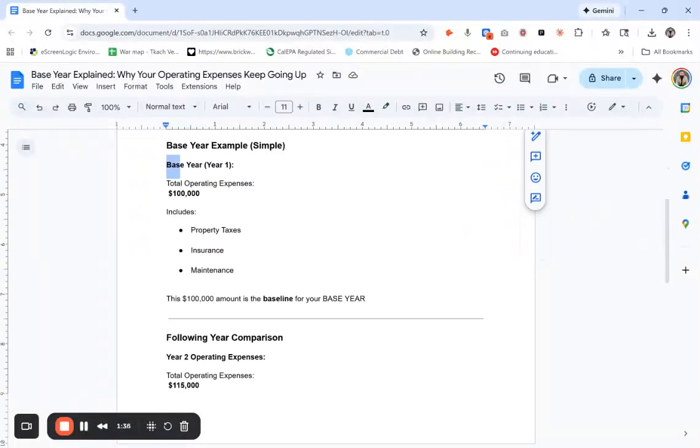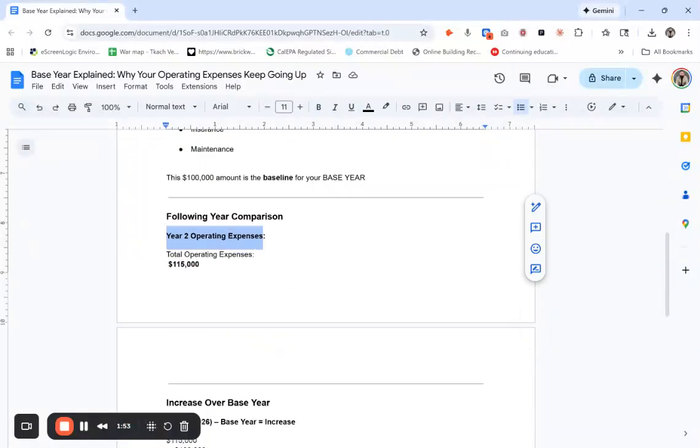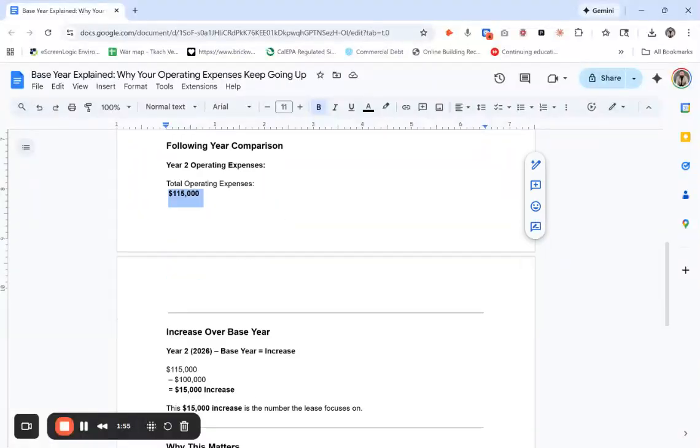Now, here's an example. Let's say your total operating expenses are $100,000 for the year. That includes property taxes, your insurance, your maintenance. That is the baseline amount for your base year. Okay? Now, in year two, the operating expenses increase for the property.